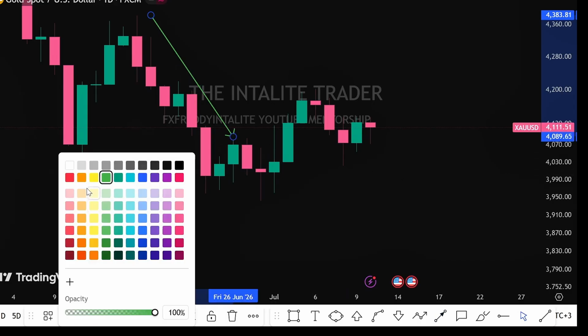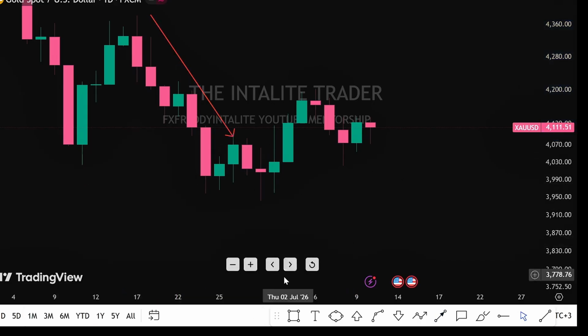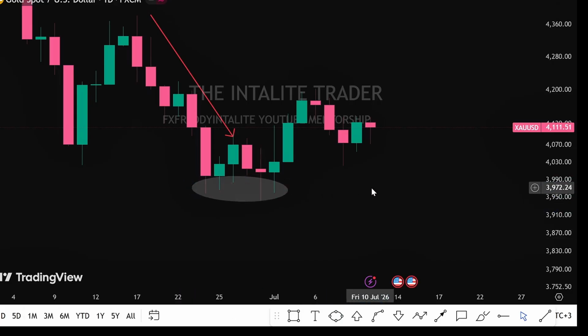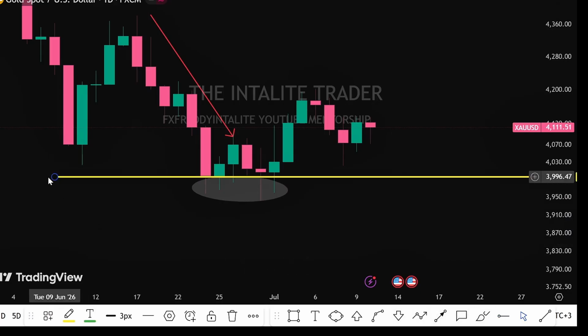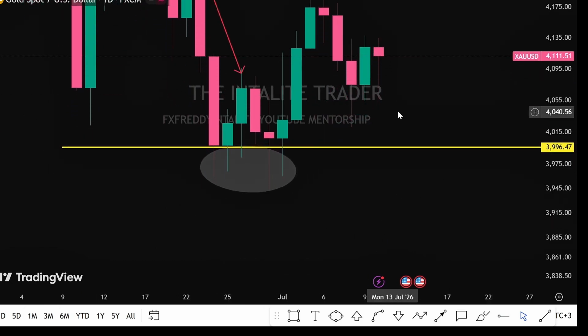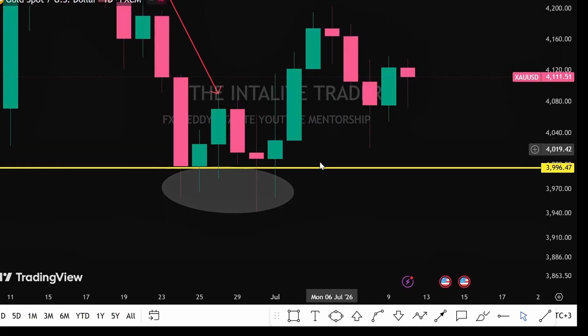It's a downtrend. Then you have multiple long wick candles that formed at such a key level. See this? These are multiple long wick candles. This is a gold chart.